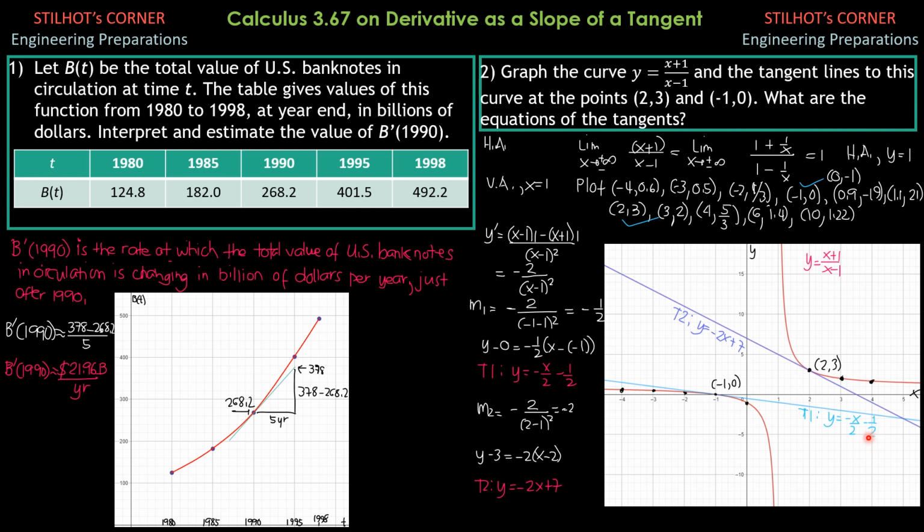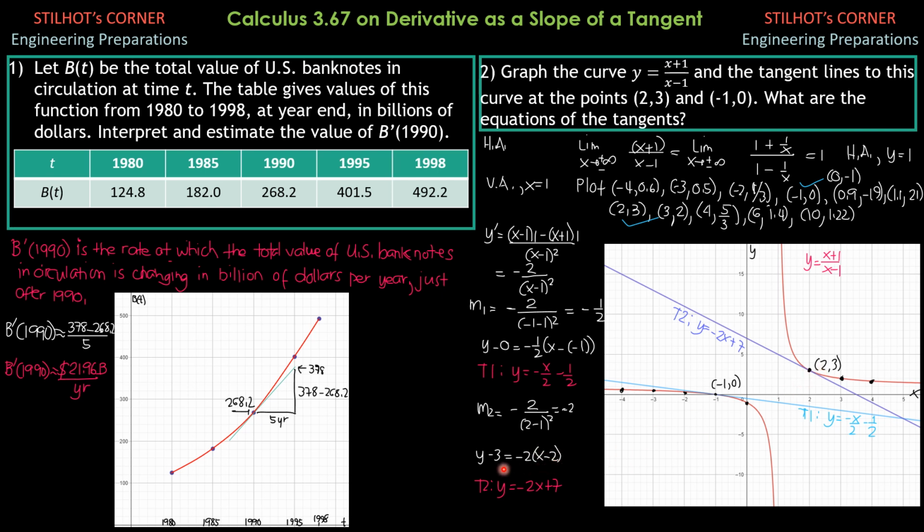For the second tangent, we compute the slope of the second tangent at the point (2, 3). So -2 over (2 minus 1) squared, that's -2 over 1, which is -2. So the slope is -2, which is this, and substitute into the point slope form, y minus y1, so y minus 3 equals slope -2 times quantity x minus 2.